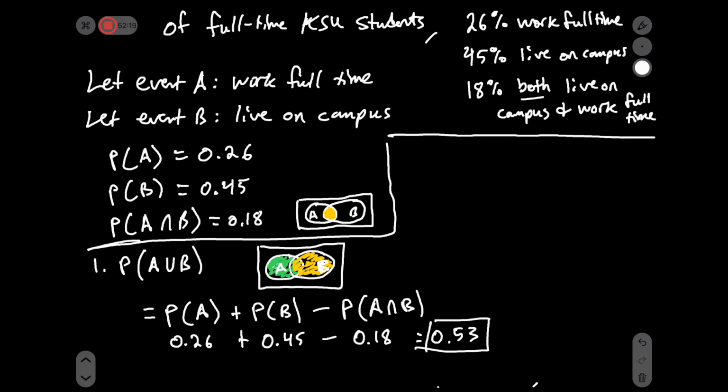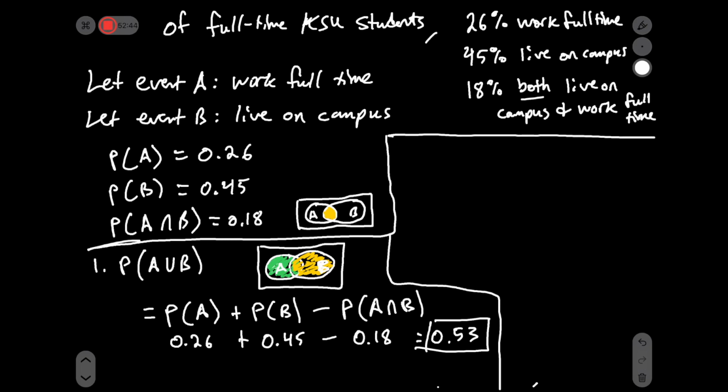All right, now let's work through another problem. In this case, we will attempt to find the probability that a student is not working full-time and is not living on campus. What are we trying to find here?